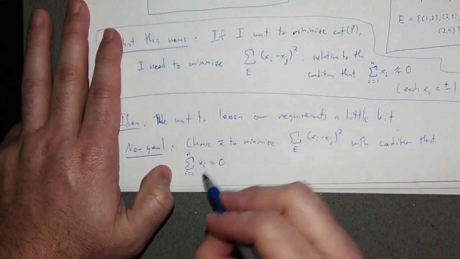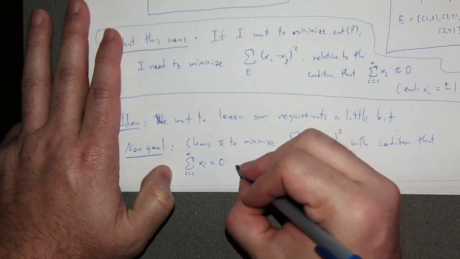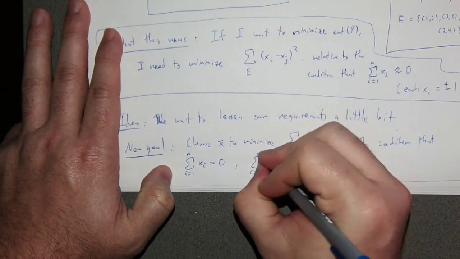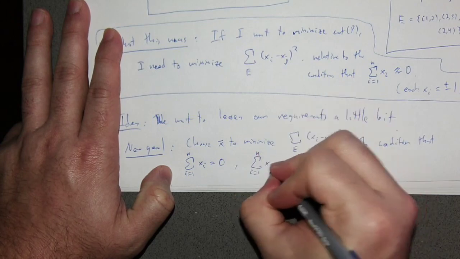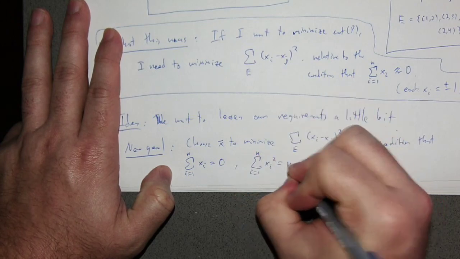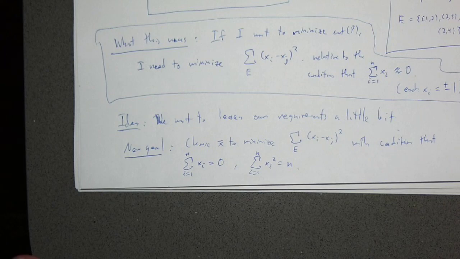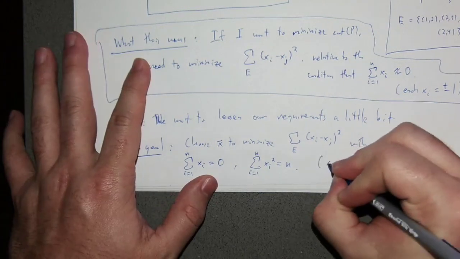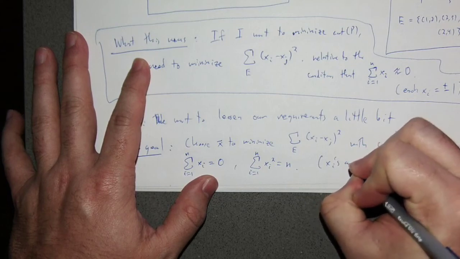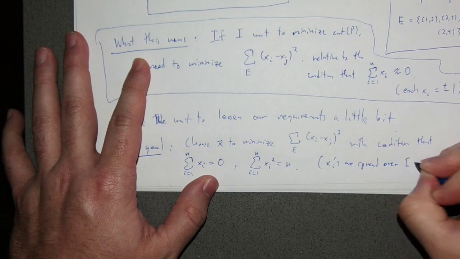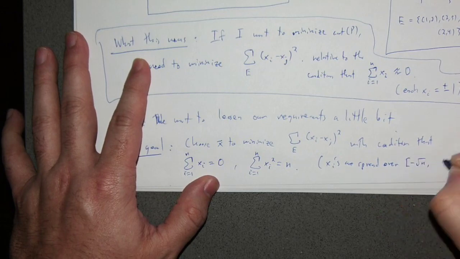So that's actually stronger. But the sum of the squares of the x sub i's is equal to n. Here's where the weakening comes in. Each of the x sub i's is actually not plus or minus 1. The x sub i's are spread over the interval minus root n to root n.